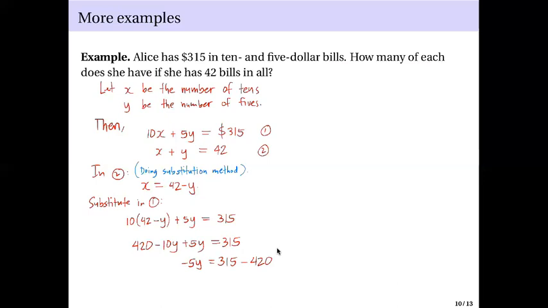And 315 minus 420 is minus 105. Check my arithmetic. Questions so far? And then finally, we solve for y. So y equals minus 105 divided by minus 5, and this is equal to 21.